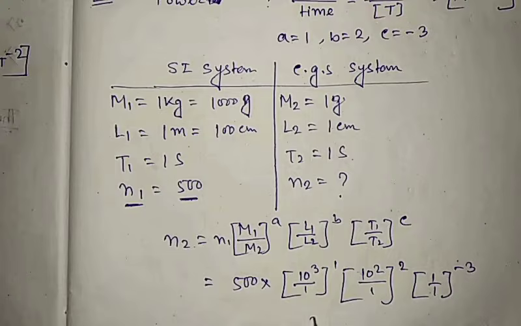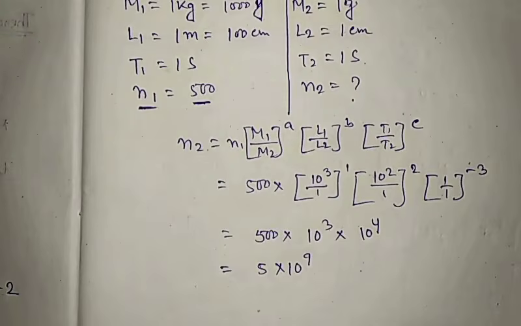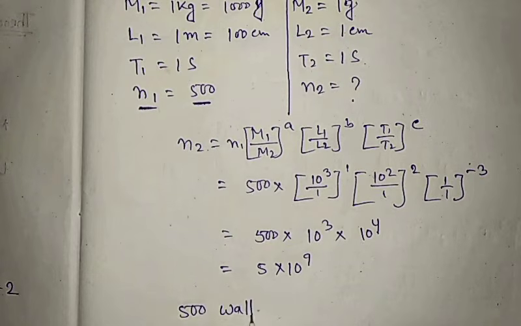is equals to 500 into 10 to the power 3 into 10 to the power 4. Okay, this is 500, 3, 4, 7, 7 to 9, that means 5 into 10 to the power 9. This is the value of the N2. Now 500 watt is equals to 5 into 10 to the power 9.